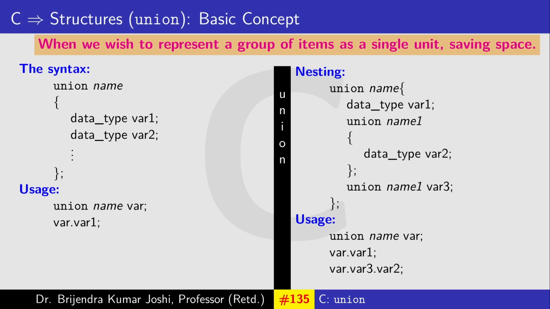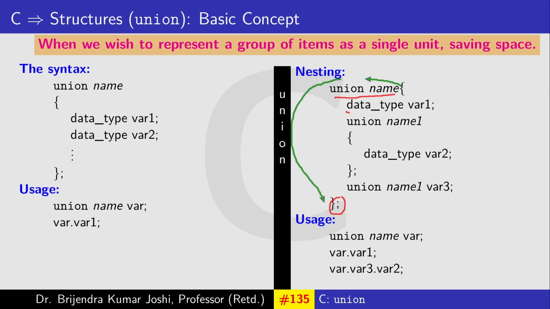We can do the nesting also, just like a structure. Union, some legal name which has to be unique in this scope, a pair of curly braces, and a semicolon.